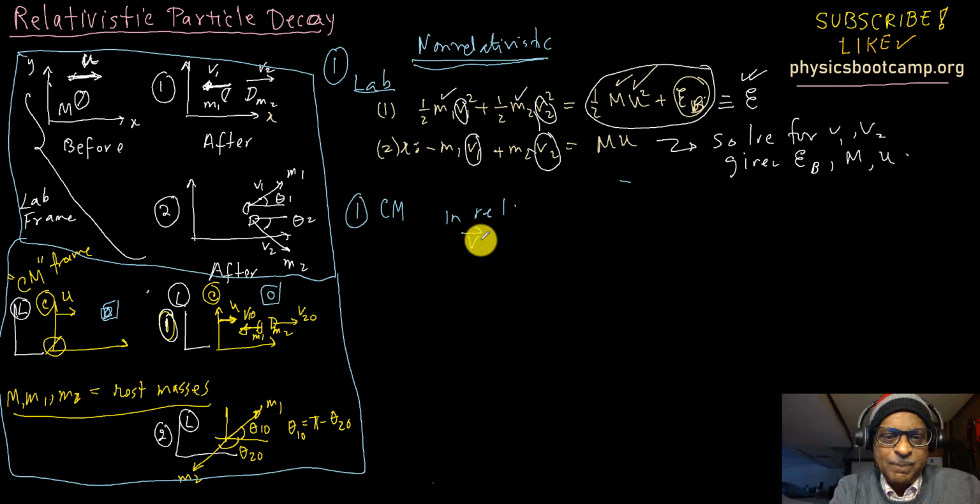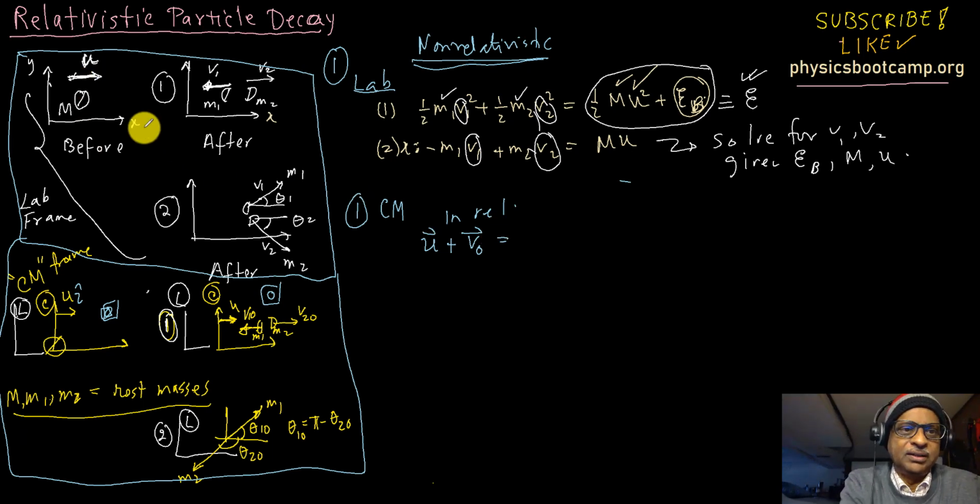Any of these speeds in vector form plus u is u i-hat, that should be the velocity over the lab. Let's call this c. In the CM frame, the lab frame will be a little like this, because if u was 0, they would be the same.